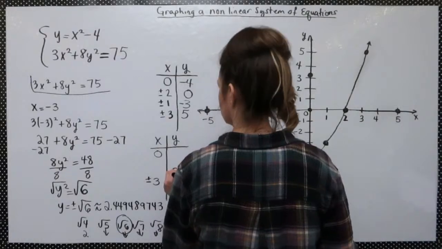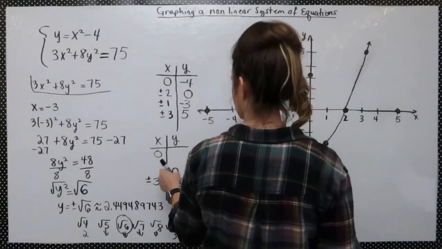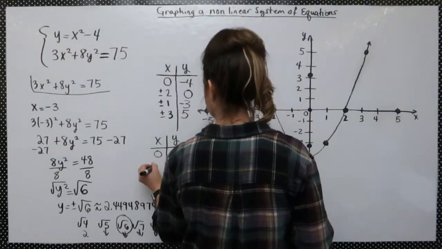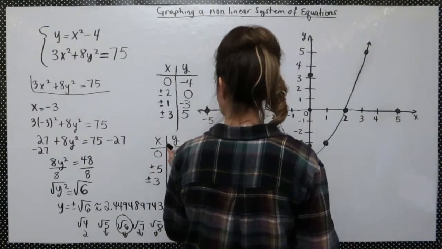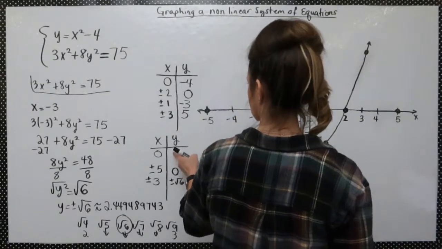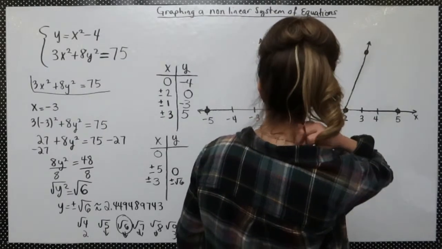When I had 0 for y, I got plus or minus 5. And when I plugged in 0 for x, I got 3.06.